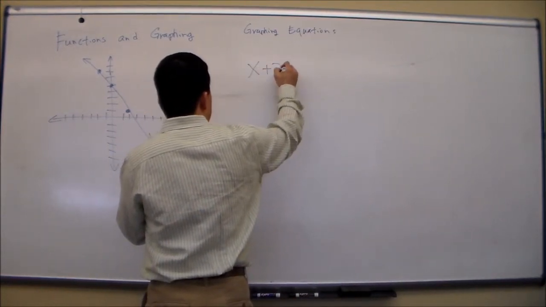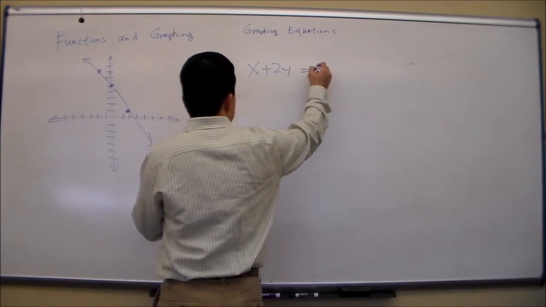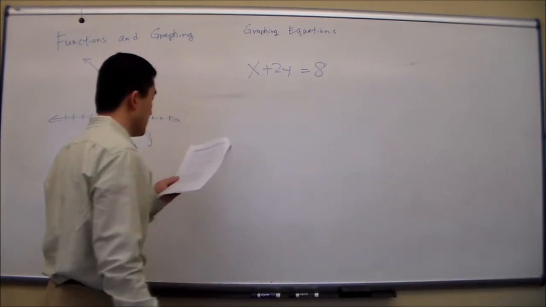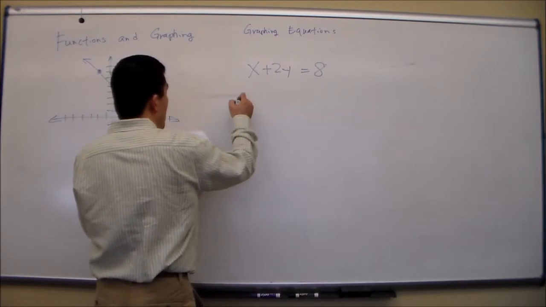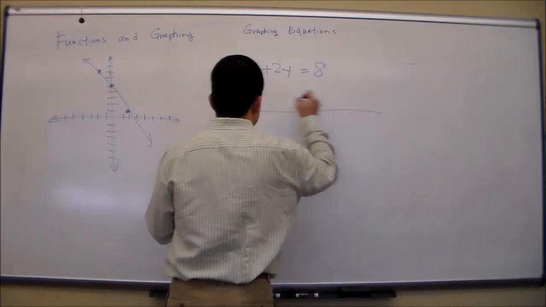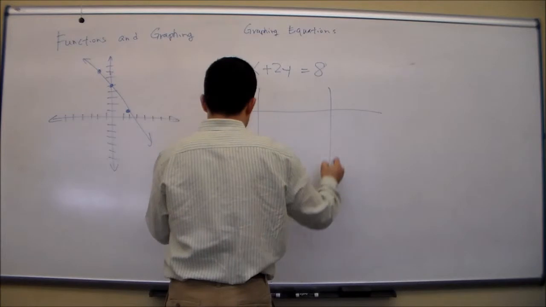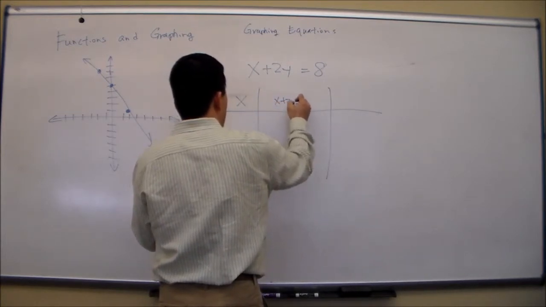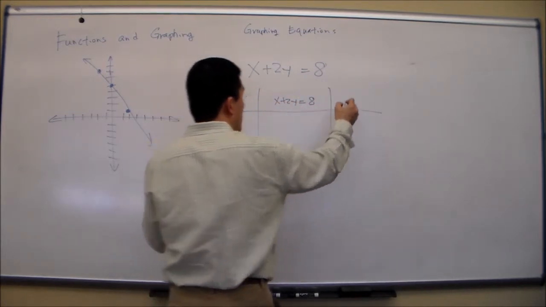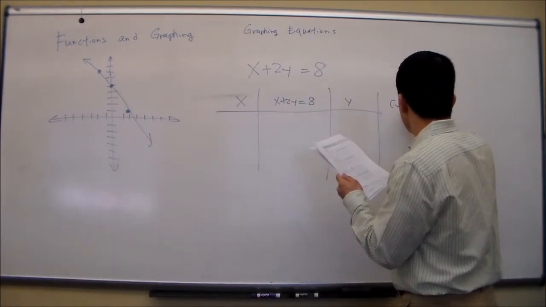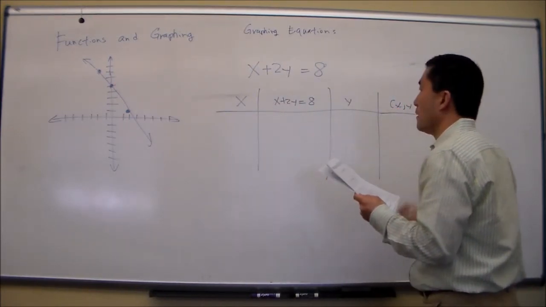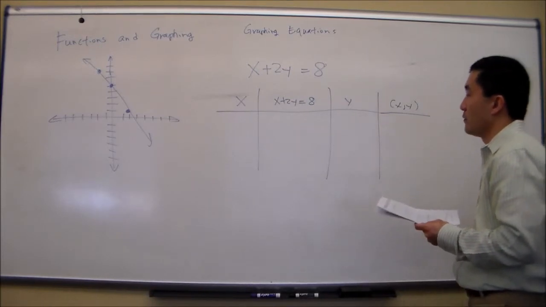x plus 2y is 8. Again, I'm going to pick some simple numbers.